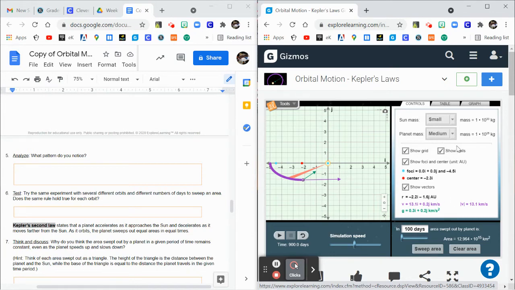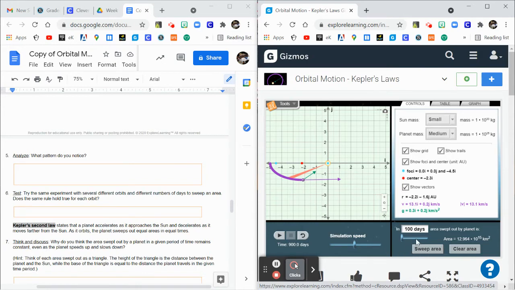Let's see. Oh, well, here it is. In 100 days, area swept out by a planet. So in 100 days, right? So this is 100 days right here. This distance from the beginning of the red line to the end of the other line is 100 days.